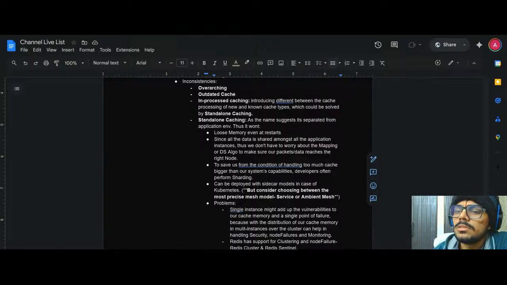Let's have a look. Cache expiration and invalidation, sidecar.